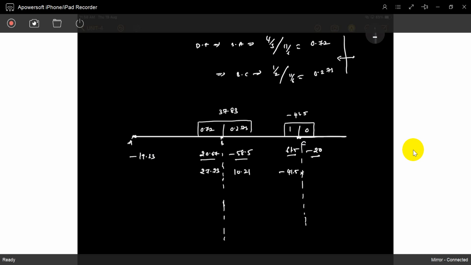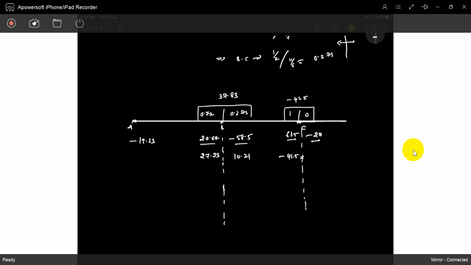So that 41.5 is totally taken by CB. Now you see both are equal, so you will get minus 20 and minus 20.